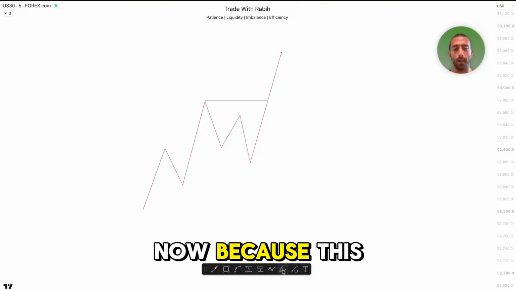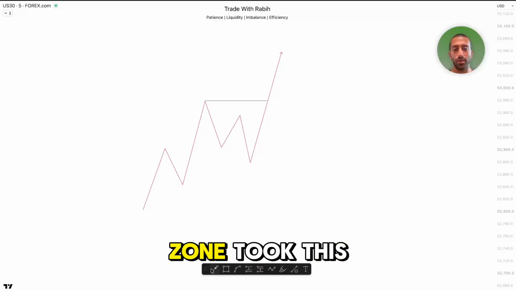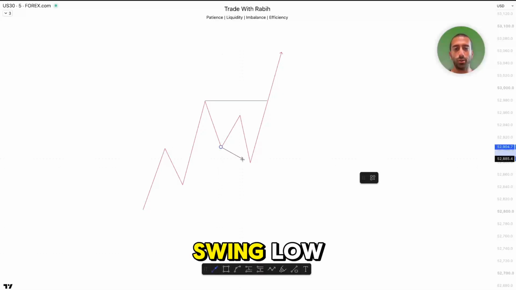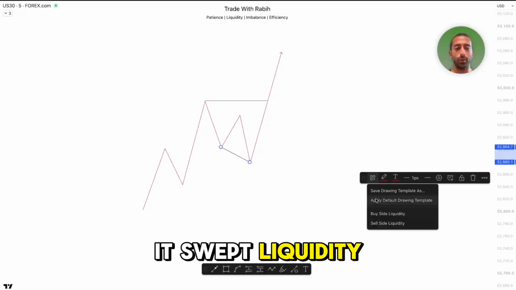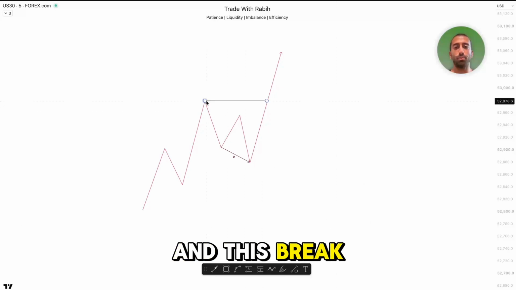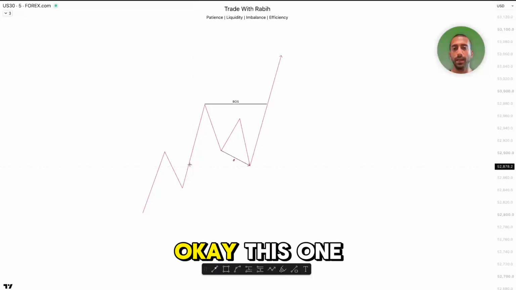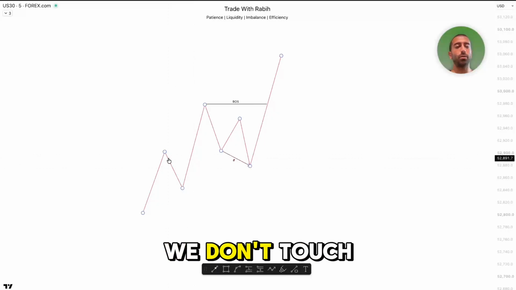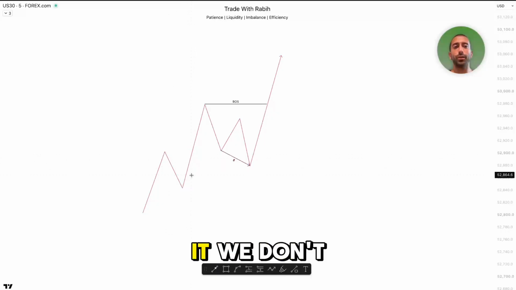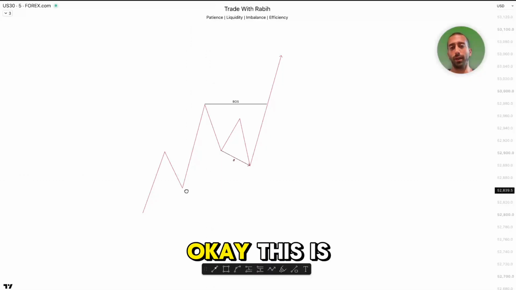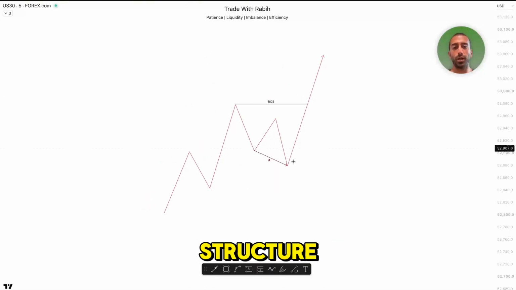Now, because this zone took this swing low, that means that it swept liquidity, and this break of structure becomes valid. Okay, this one, not valid. We don't touch it. We don't use it. We don't consider it. We don't even look at it. Okay, this is your break of structure.